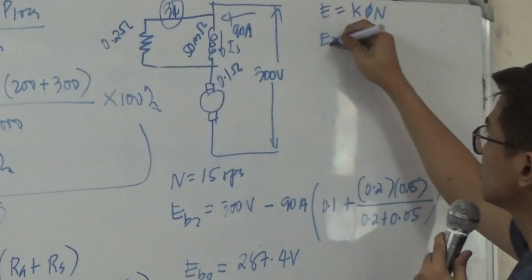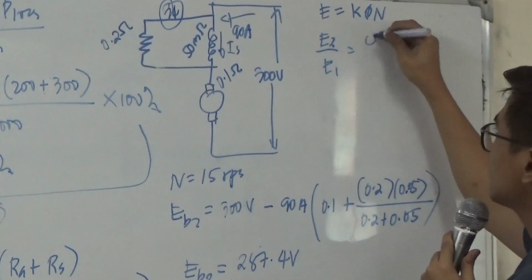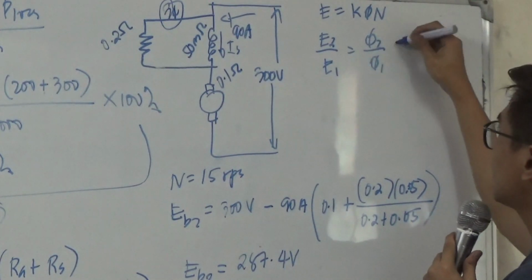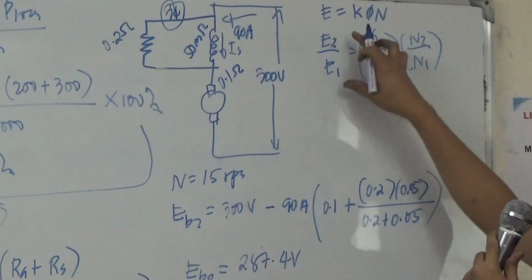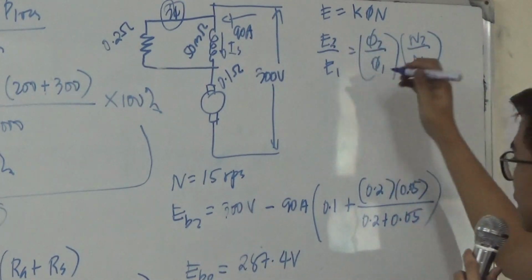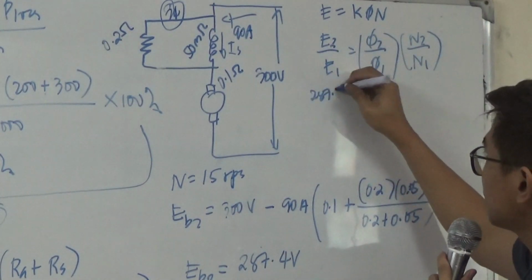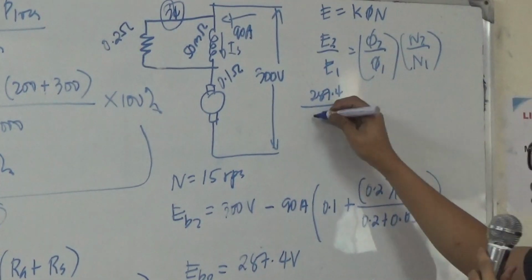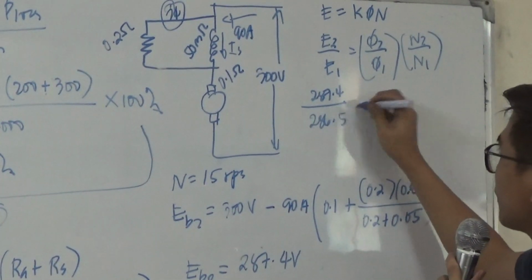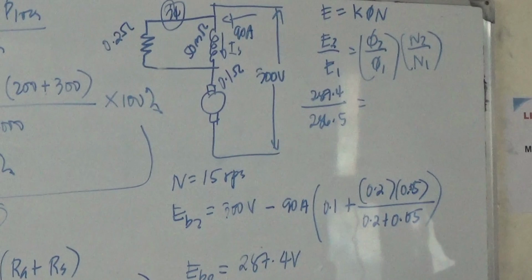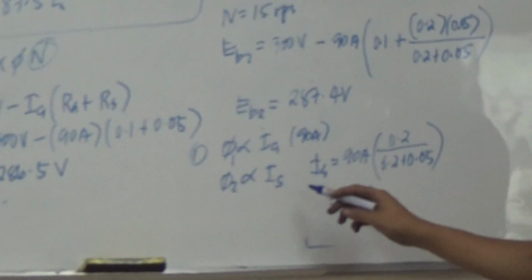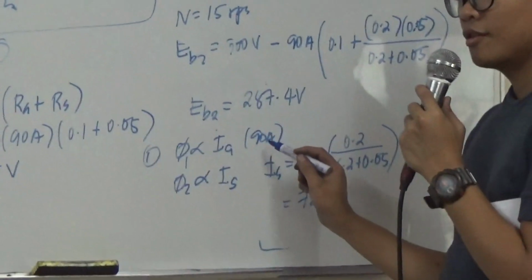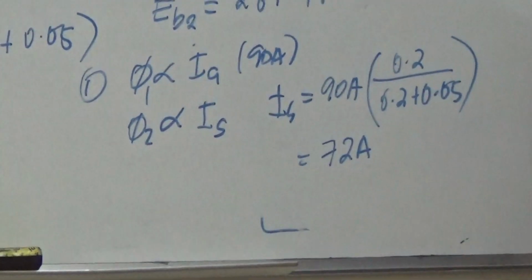Balik tayo sa equation. So E2 over E1 is equals to the flux 2 over flux 1 and N2 over N1. So E2 over E1, meron tayong E2 na 287.4 divided by 286.5. Paano yung flux? Since proportional sa IA, ito proportional sa IS, we can substitute 90 and 72.